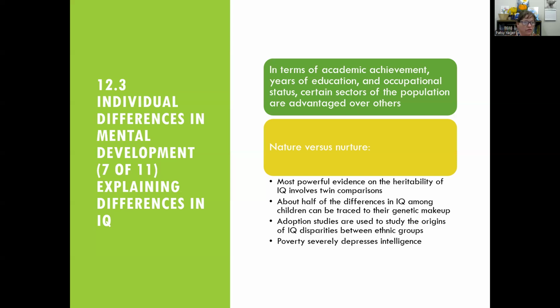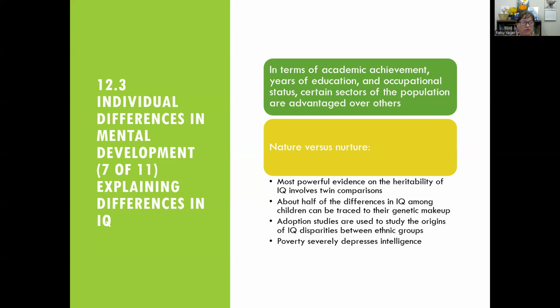We look at nature versus nurture. The most powerful evidence on the heritability of IQ involves twin comparisons, which is very difficult because that's a very limited percentage of our population. It's just hard to rely on something that's that small of a percentage of all the people in the world.